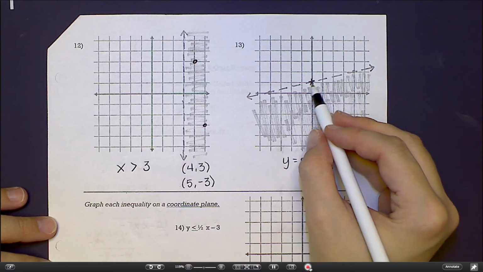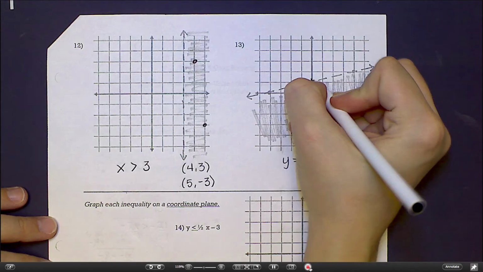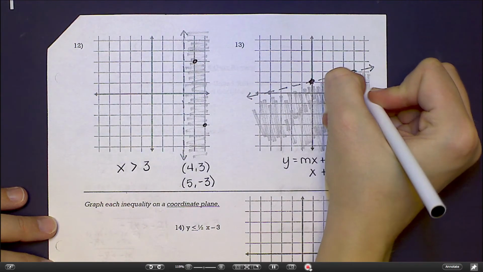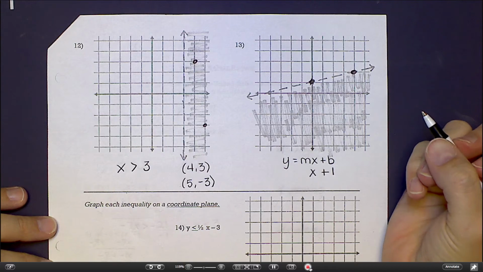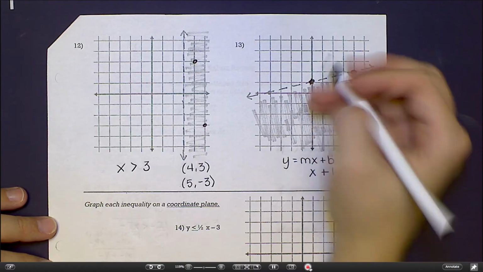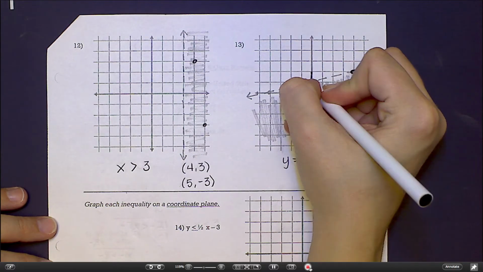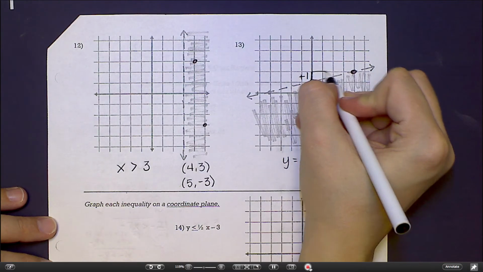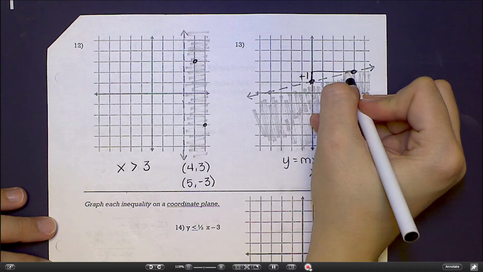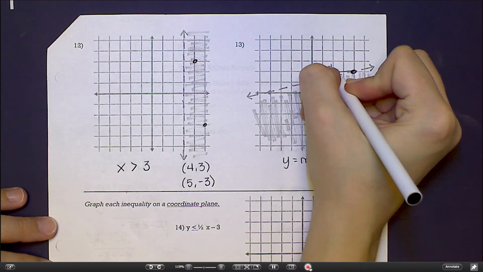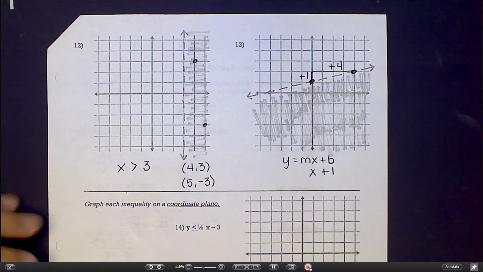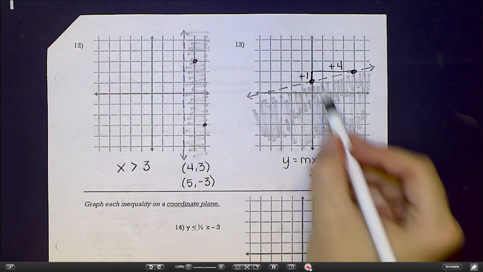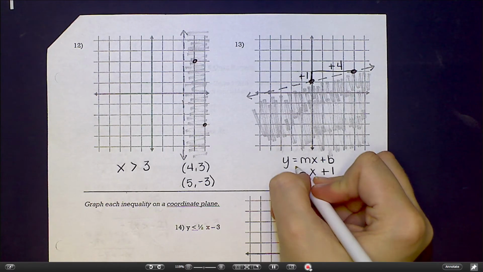My m value is my slope, so I'm going to use maybe this point and this point. And to get from one to the other, here I would have to go up 1, so that's a +1. And then I have to go to the right, is that 4? Yeah, to the right 4. So that's +4 because I'm going to the right. So +1 over +4 is 1/4.